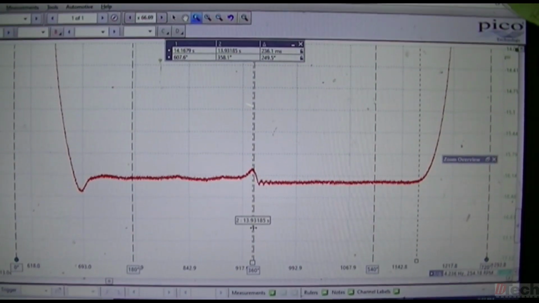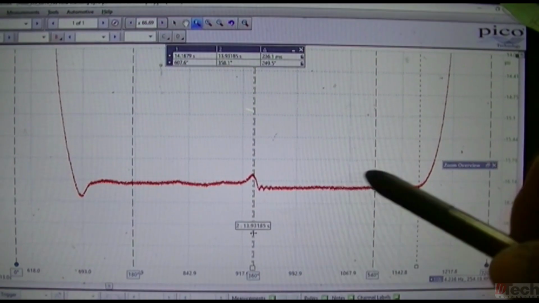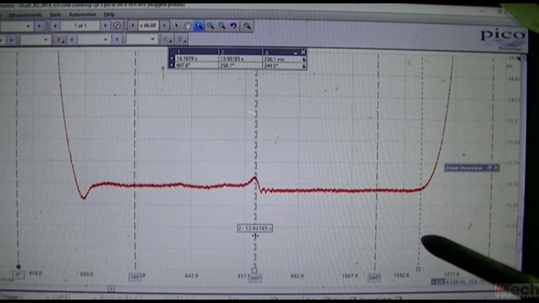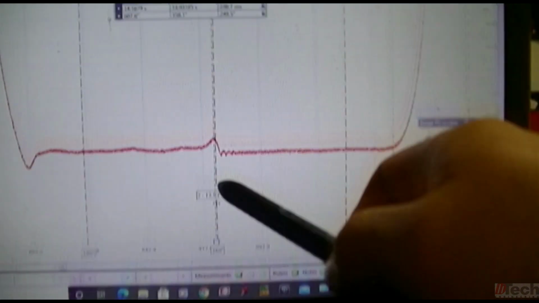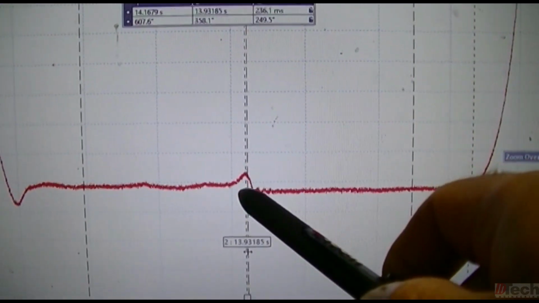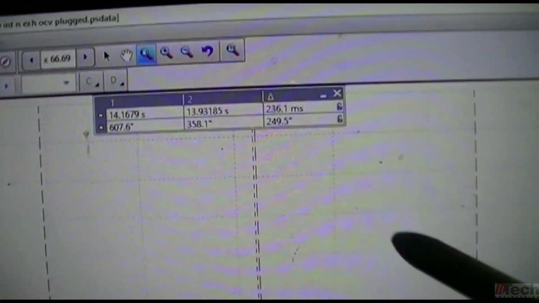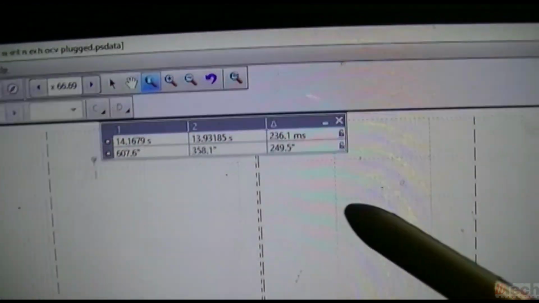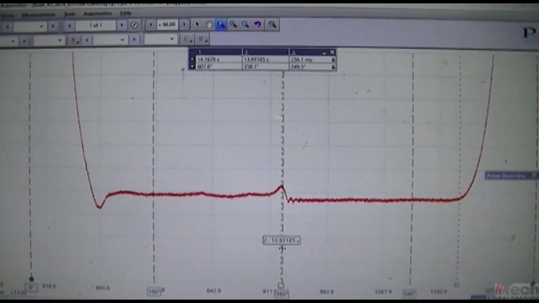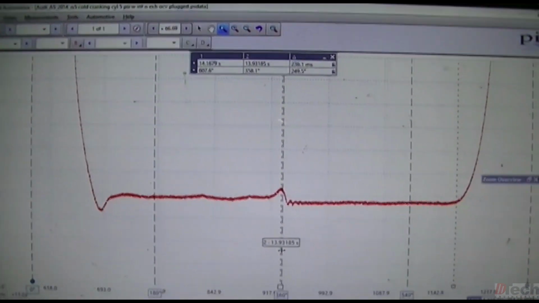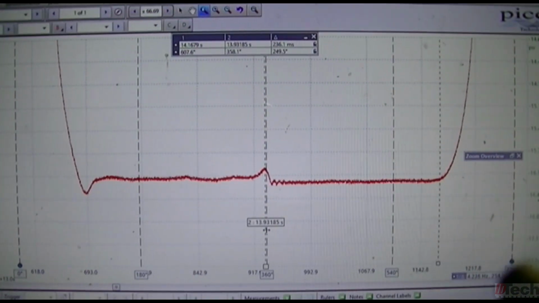Now, as far as the intake, I'm starting by trying to show where I think potentially the duration is. Supposedly opening somewhere in this region and closing somewhere in that region, giving me about 250 ballpark on bank 2.